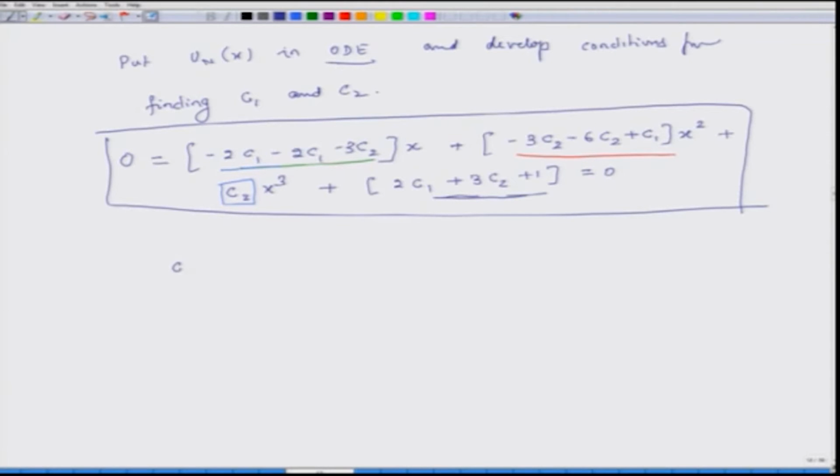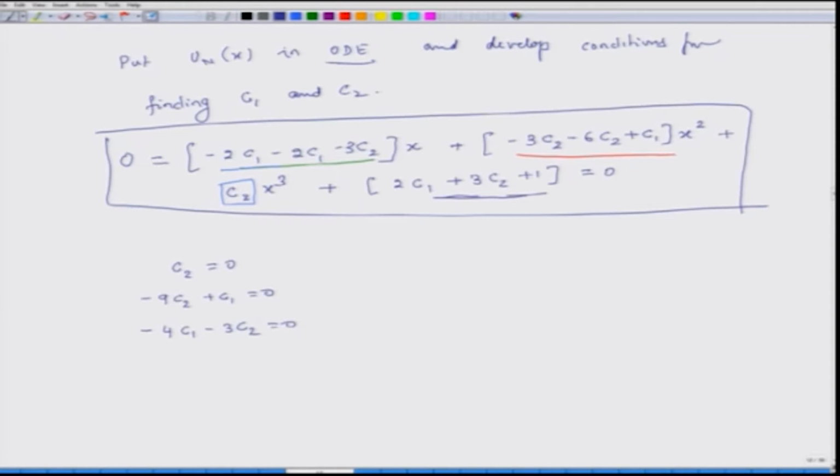So, C2 is equal to 0, I get from the cubic term. Then from the quadratic term, I get minus 9 C2 plus C1 is equal to 0. Then from the linear term, I get minus 4 C1 minus 3 C2 is equal to 0.